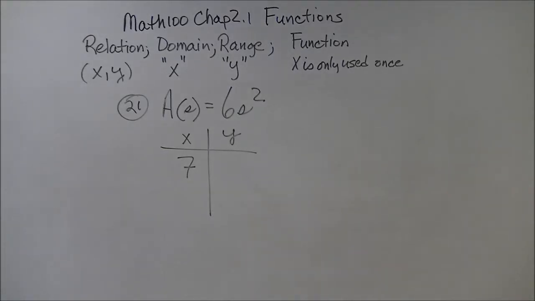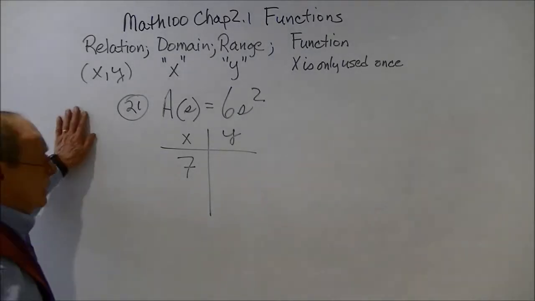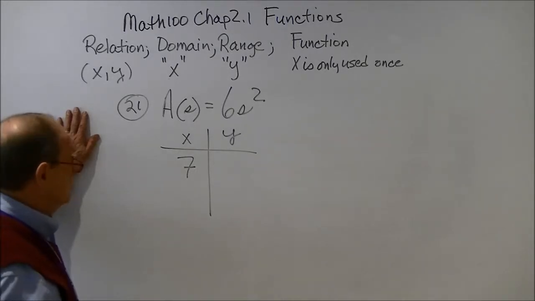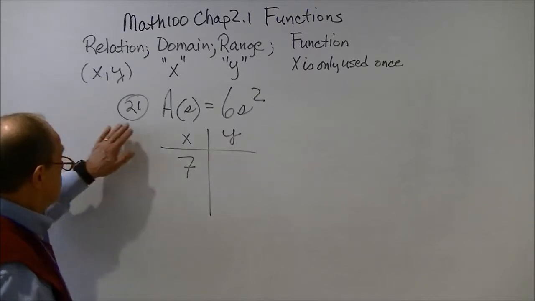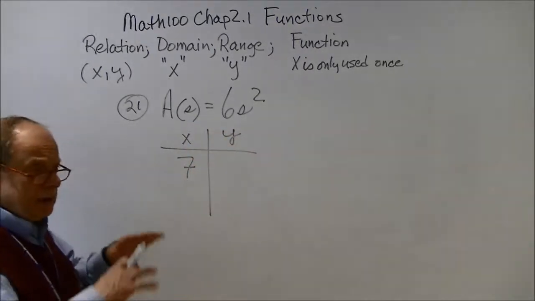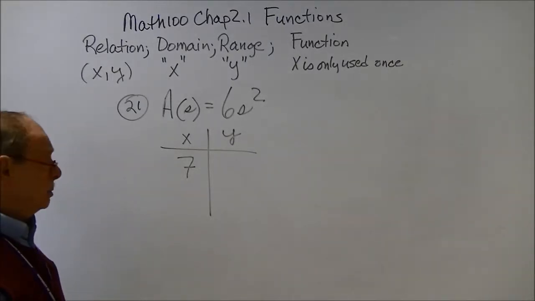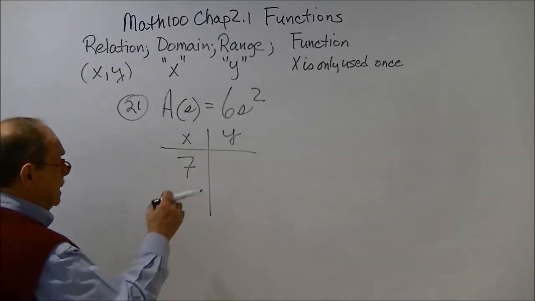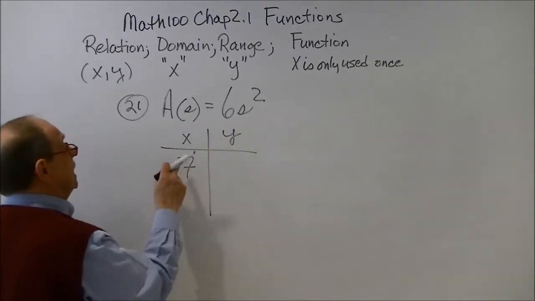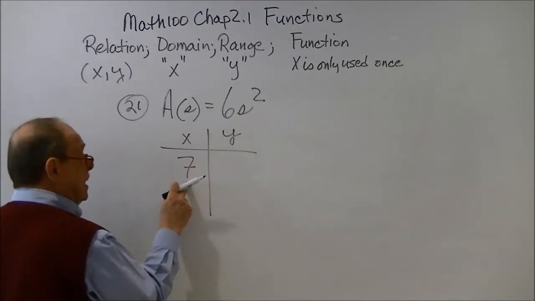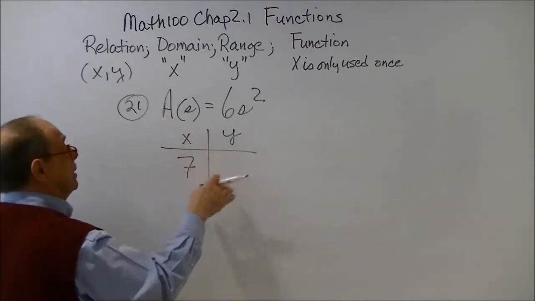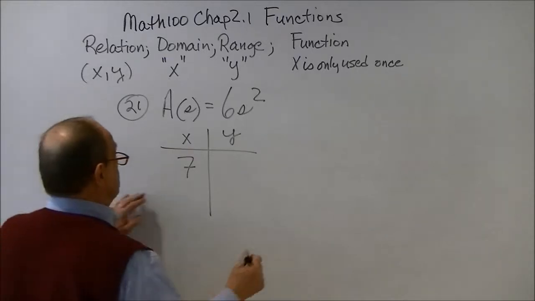Numbers 19 and 20 are ones on the page that use a calculator, so a graphing calculator, we're not doing those. So for 21 though, it says here's a function of finding the surface area of a cube, and here's the formula. So they're saying if this is 7, what will y be? What will the area of this cube be?